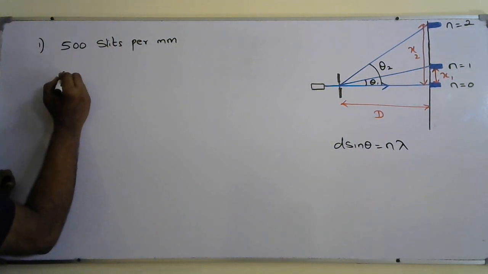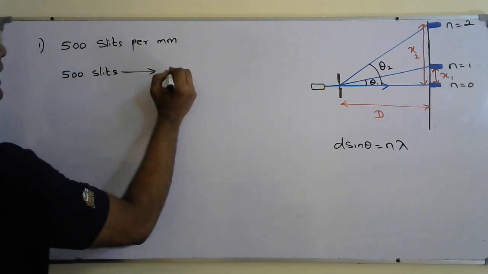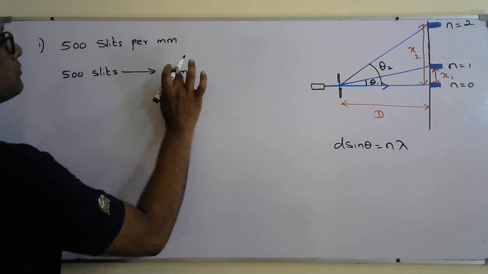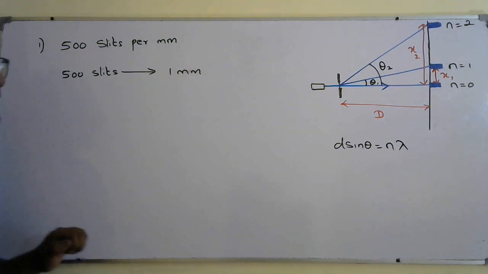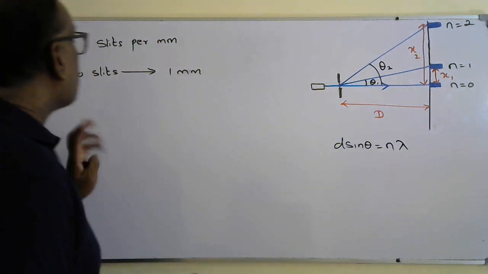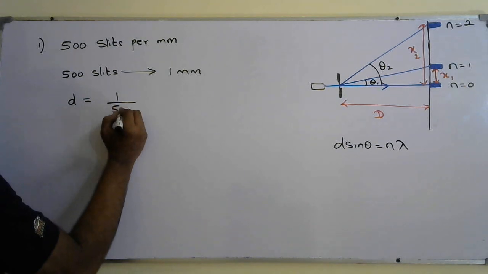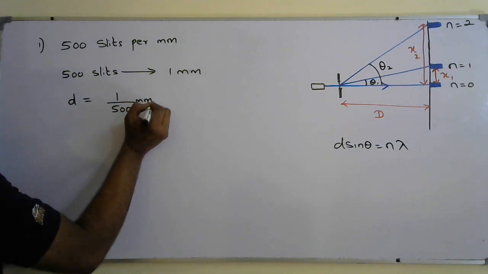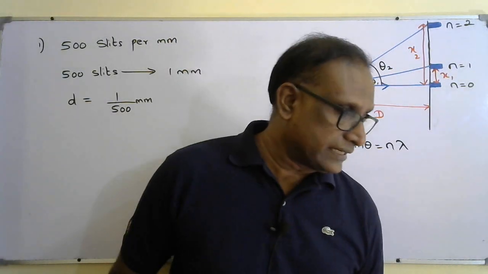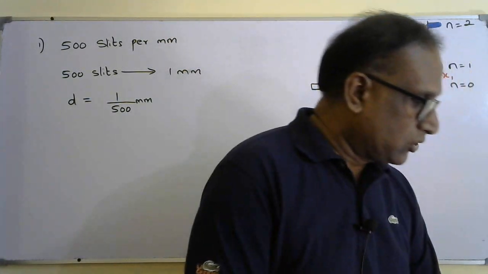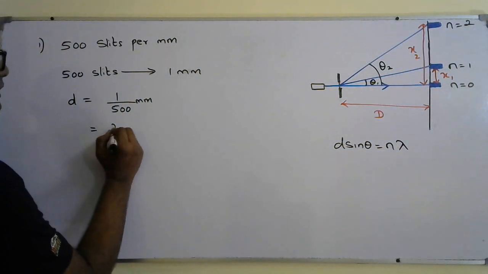I can say there are 500 slits in a length of 1 millimeter. So what's the distance between the adjacent slits? We can say d is equal to 1 over 500 millimeter. If you solve it, 1 over 500 will be equal to 2 into 10 to the power minus 3 millimeter.